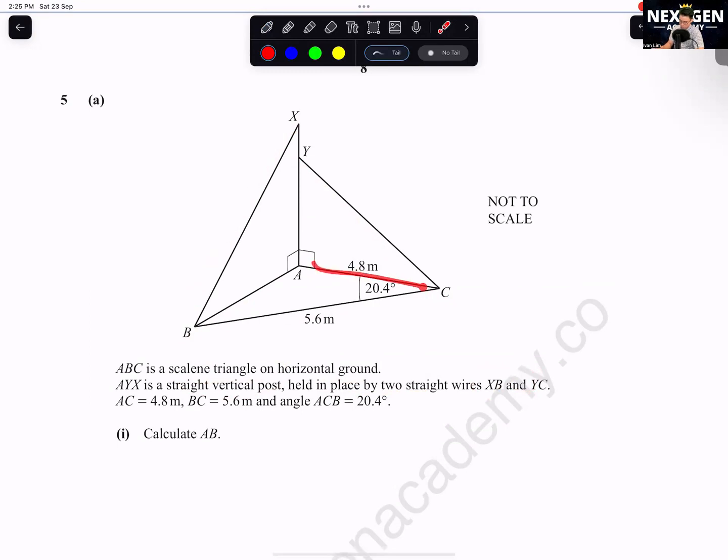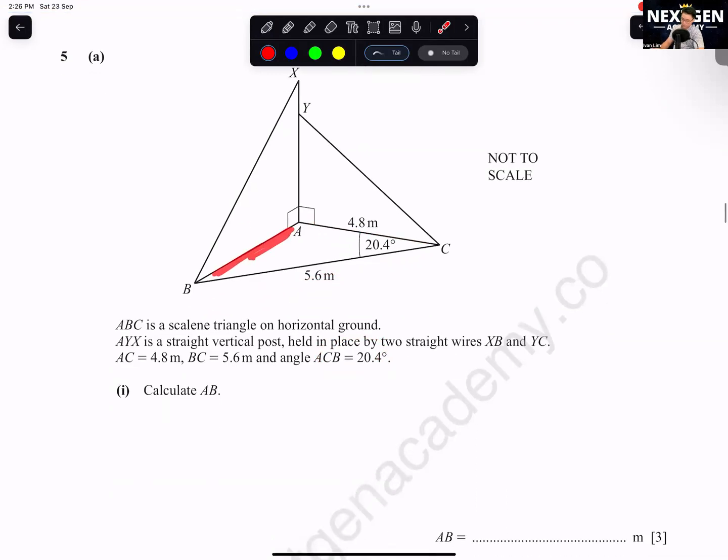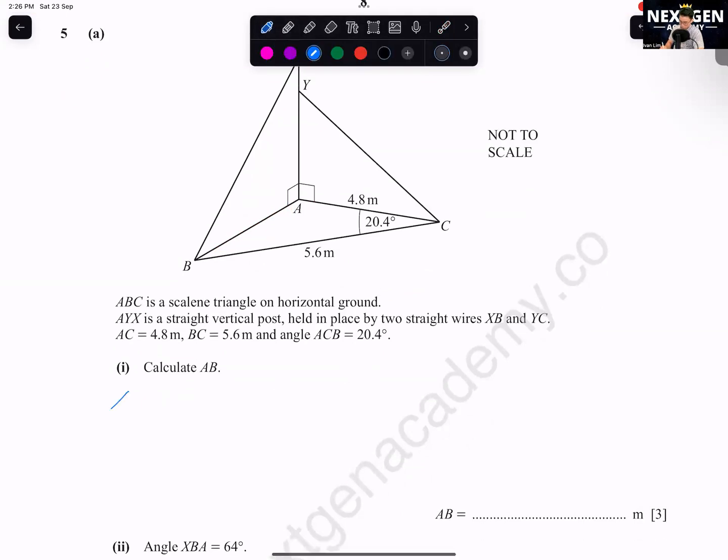AC is 4.8, BC 5.6, ACB is 20.4. Calculate what is AB. Okay, AB, how to do it? You have to use cos rule. So you see here, A, B, C, this is 4.8 meter, this is 5.6 meter.